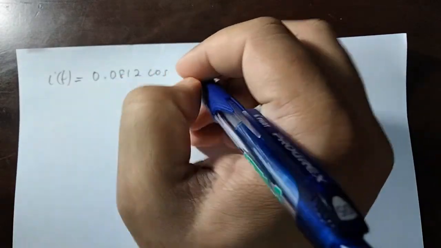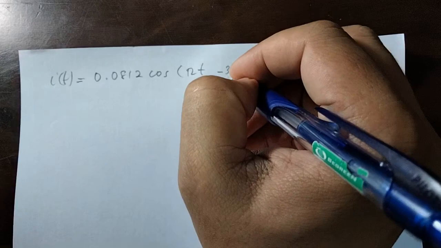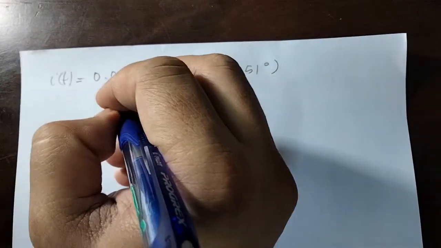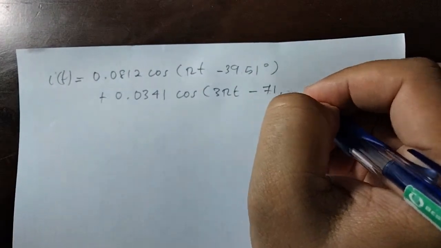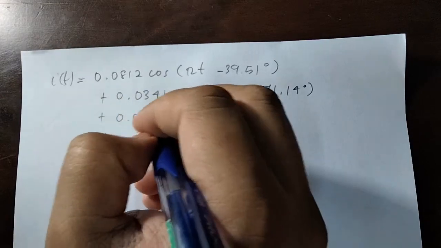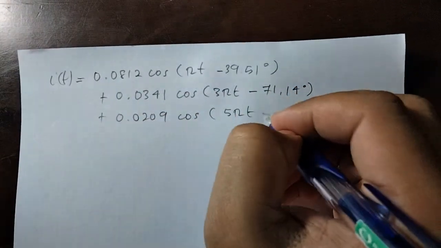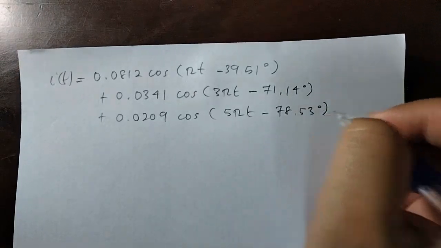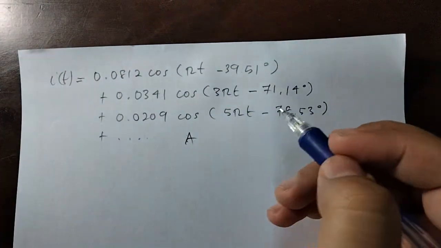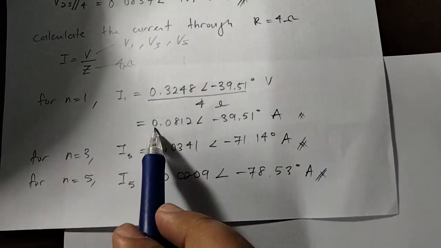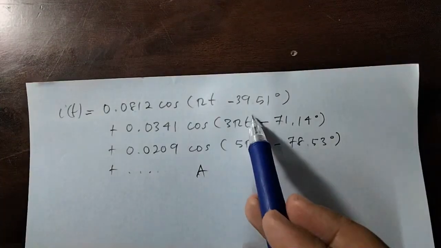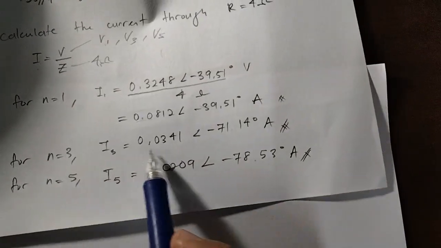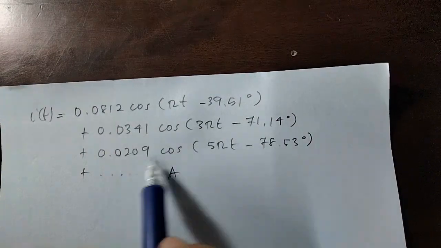It's basically 0.0812 cos pi t minus 39.51 plus 0.0341 cos 3 pi t minus 71.14, and then plus 0.0209 cos 5 pi t minus 78.53, and of course, this comes from here, 0.0812 goes here, negative 39.51 goes here, same thing for n equals 3, 0.0341, and so on.